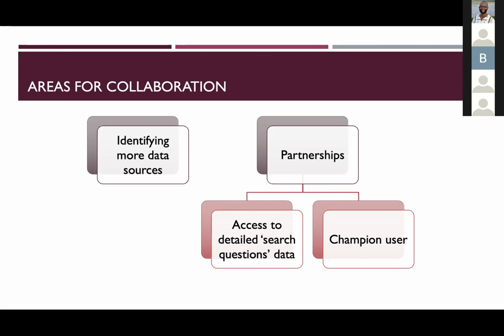To identify more data sources, because the topic around confusion and lack of information is huge, and a lot of things can feed into it. So I'm trying to identify even more data sources to feed into this work.